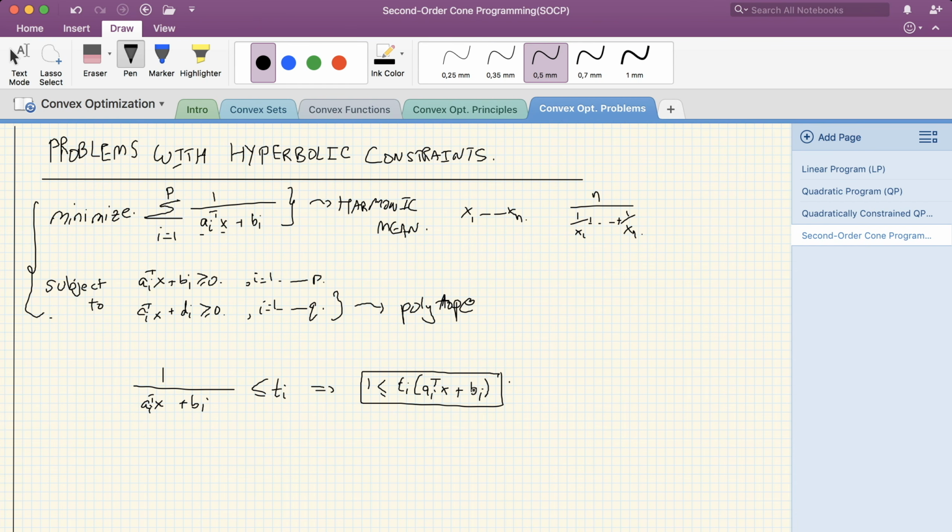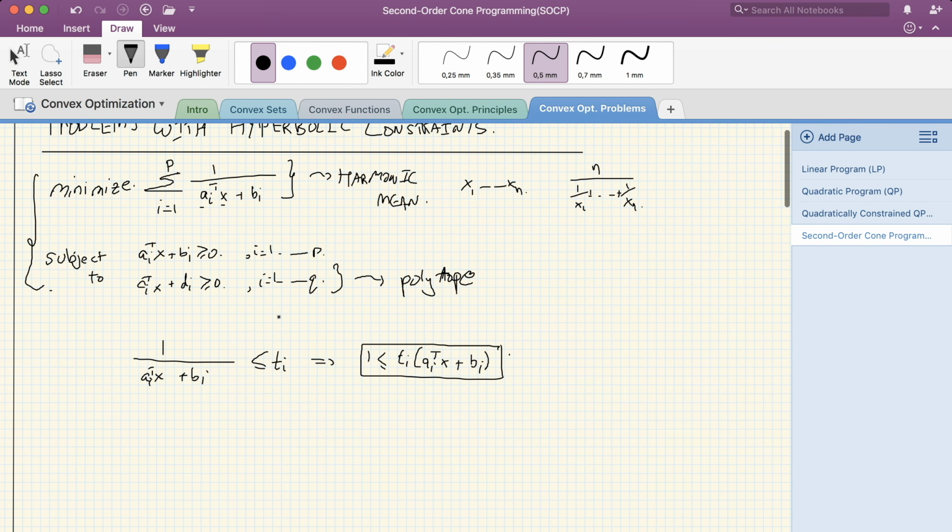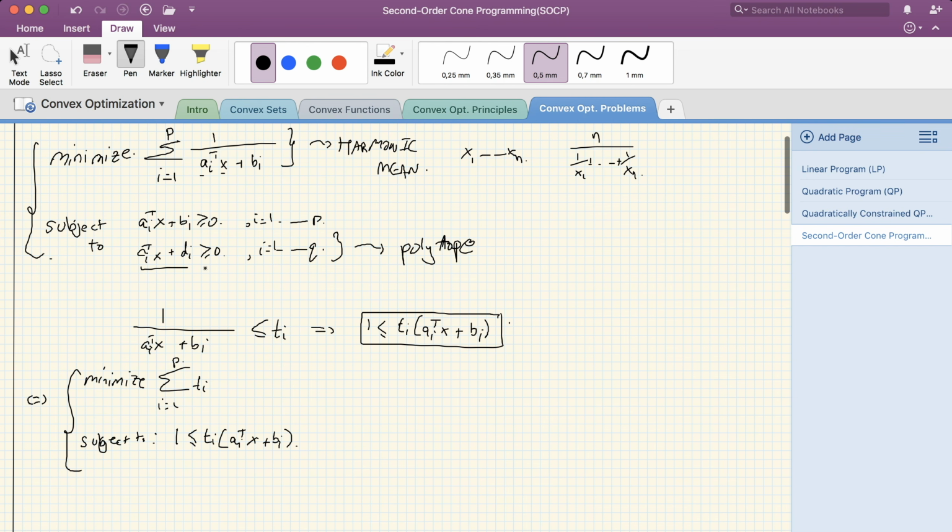We can introduce this as a constraint to the problem, and hence the problem is equivalent to minimizing the sum of t_i's subject to this constraint right here, and this constraint right here. And since the denominator is positive, we can say the same thing about t_i. Hence, here we can say the t_i's are also positive, with i going from 1 to p, and here my i is going from 1 to q.